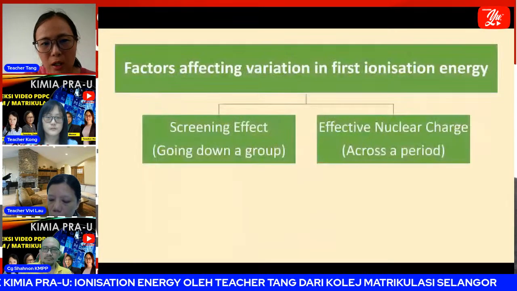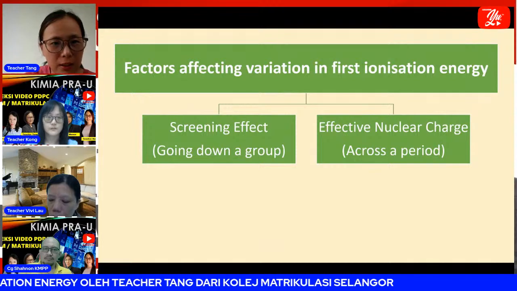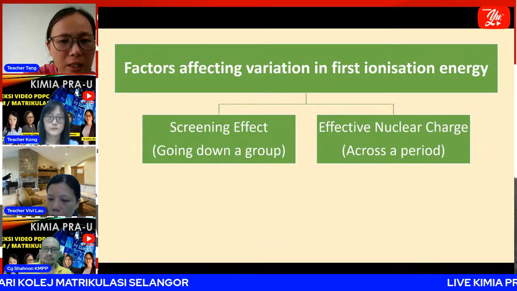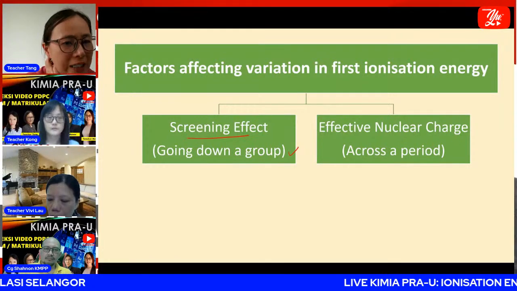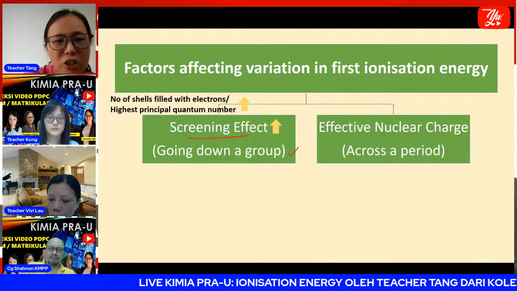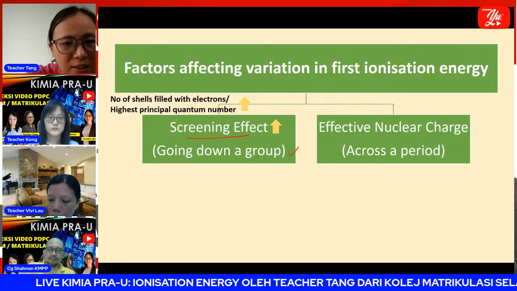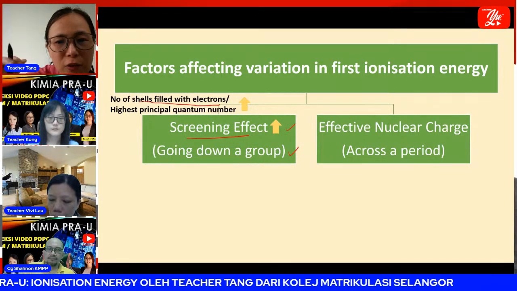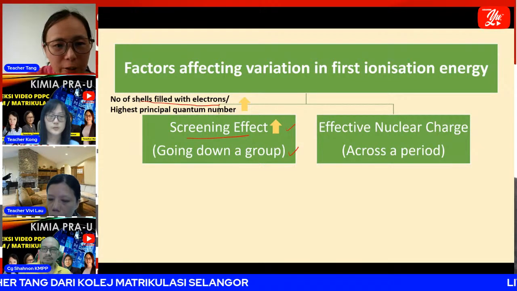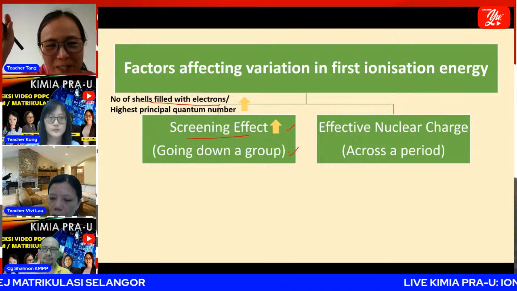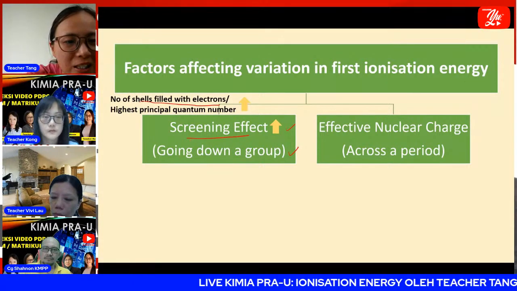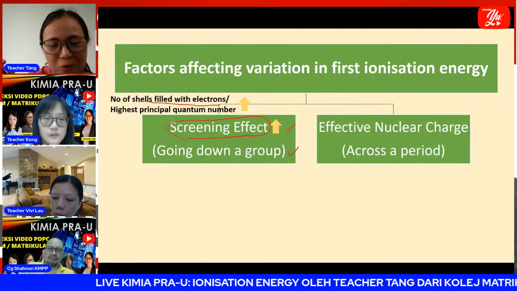Okay, so let us see the explanations again. When going down the group, again, shielding effect is the dominating factor. Why? Because as going down the group, the number of shells filled with electrons increases, and this causes the screening effect or shielding effect to increase as well.